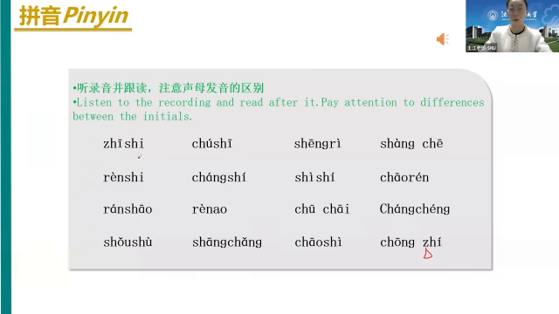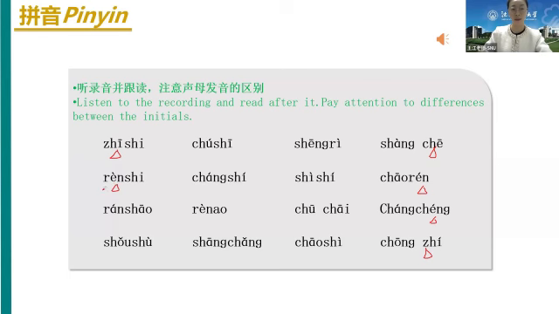So what is the word stress? The word stress is when we read the syllable, we should make an emphasis on this syllable. The word stress is always on the last syllable, but if there is a neutral tone in the word, the stress should be on the first syllable.